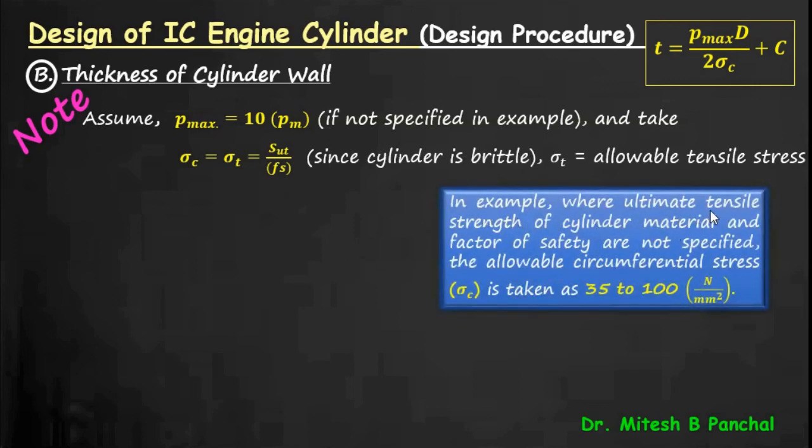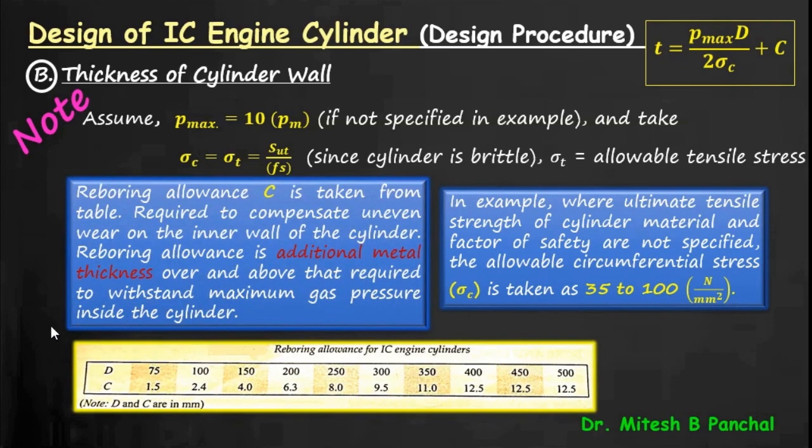In an example where ultimate tensile strength of cylinder material and factor of safety are not specified, then the allowable circumferential stress or hoop stress is taken in the range, that is sigma c should be taken between 35 to 100 megapascal.